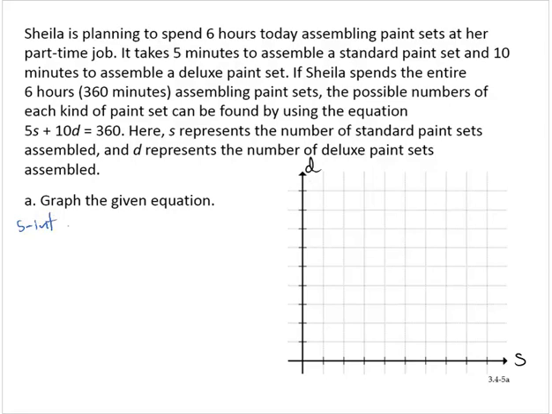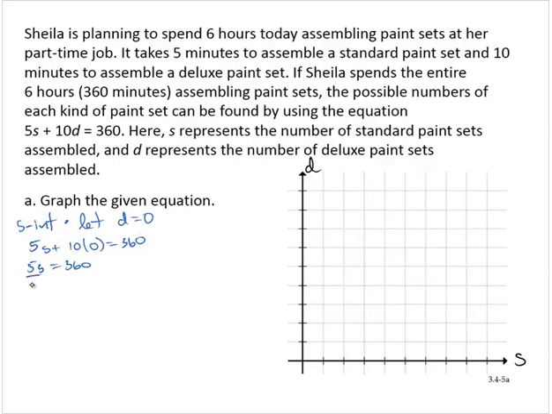To find the s-intercept, we will let d equal 0. So then 5s + 10 times 0 would be 360, and so then 5s would equal 360.